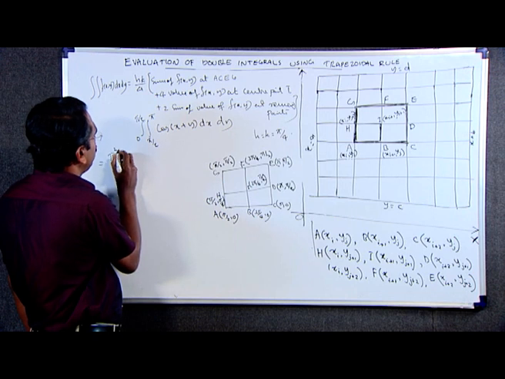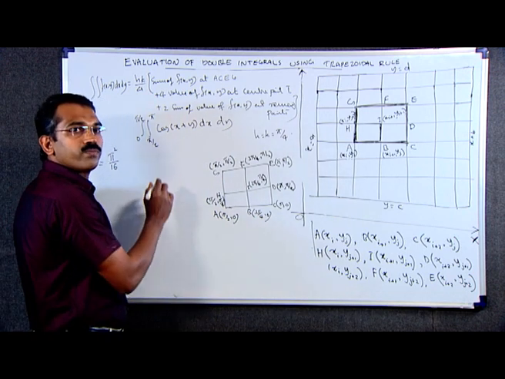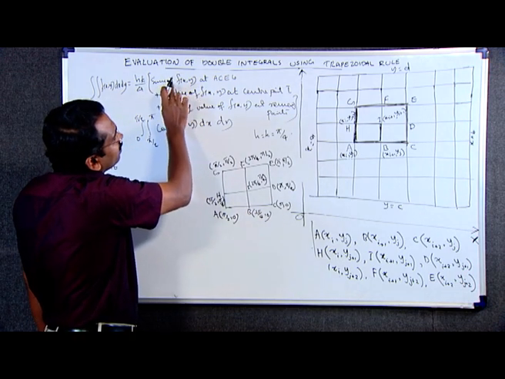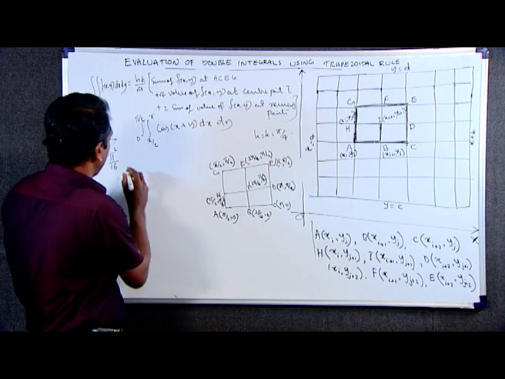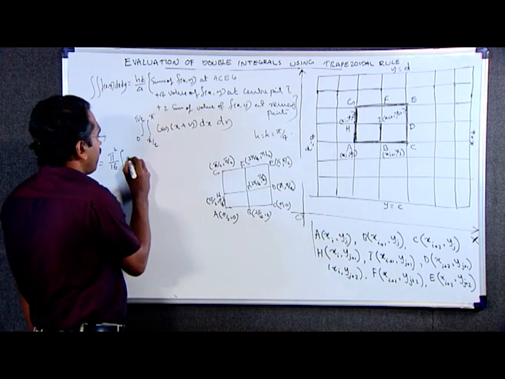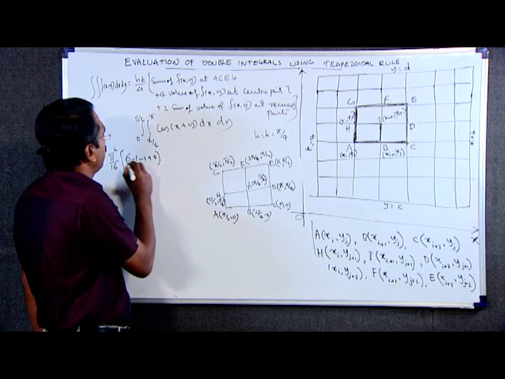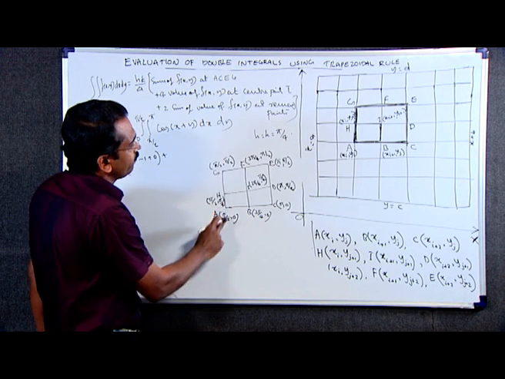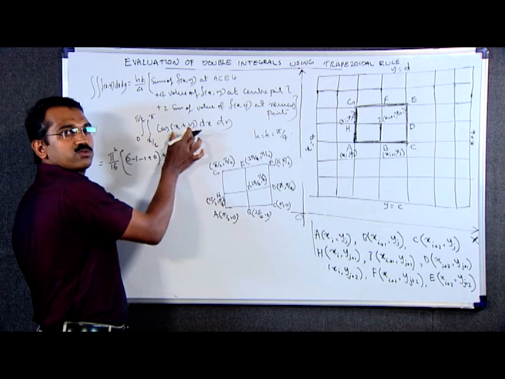Therefore, pi by 4 into pi by 4 means pi square by 16, into the sum of values of f(x, y) at these corner points, that is 0, minus 1, plus 0, plus 4 times the value of f(x, y) at the center point. Here the function is f(x, y) equal to cos(x plus y).